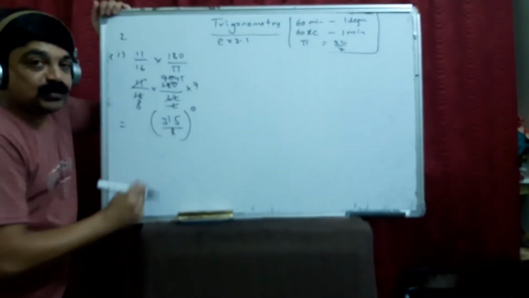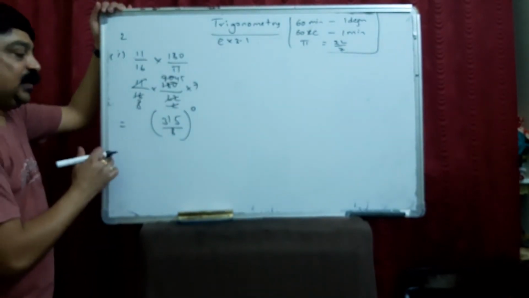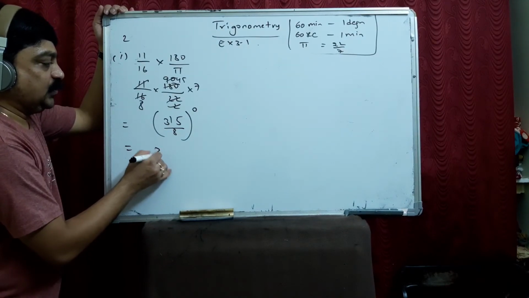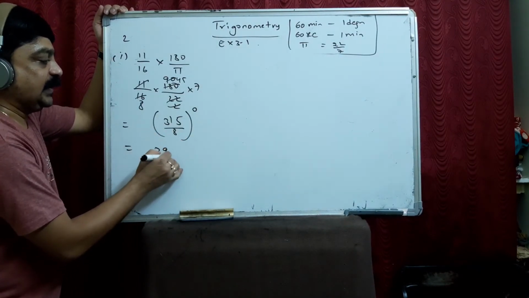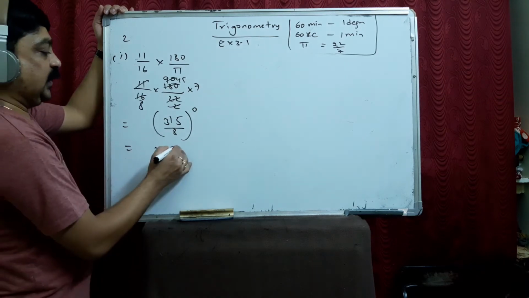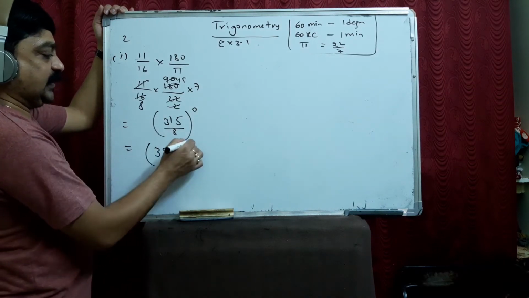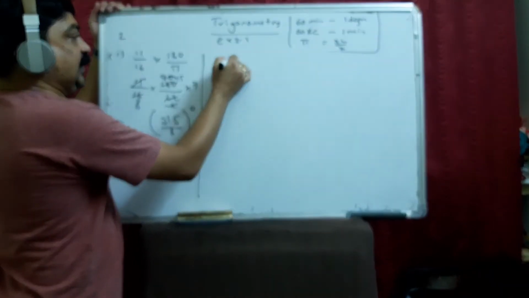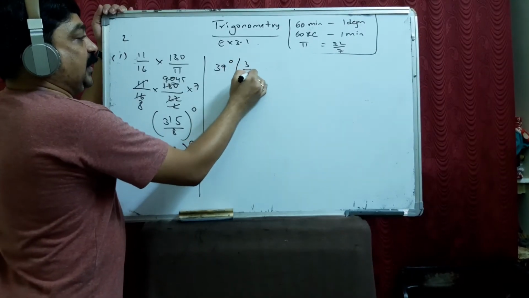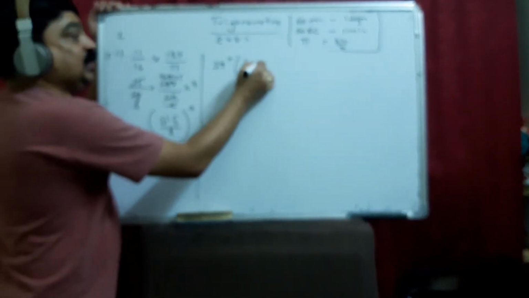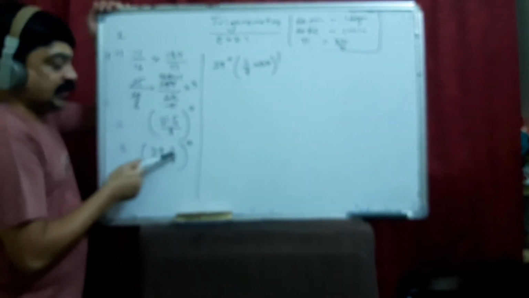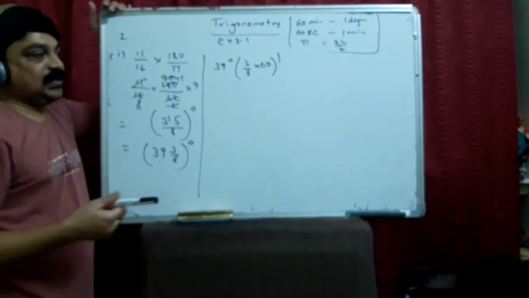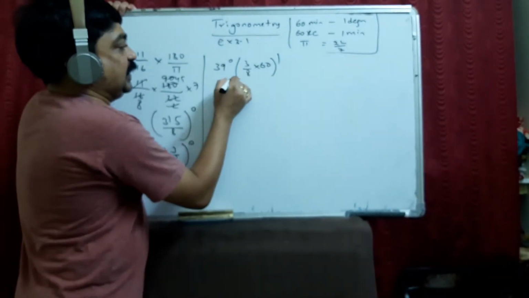But we are not supposed to leave it like this. Let us convert. 8 times 39 is 312, so it is 39 and 3 by 8 degrees. 3 by 8 degree is in degrees; if you want to convert into minutes, multiply by 60 minutes.